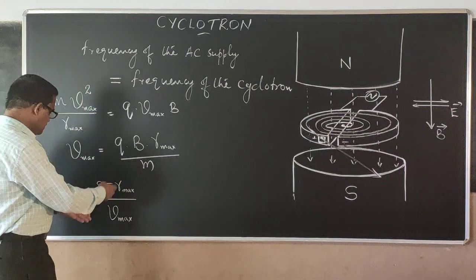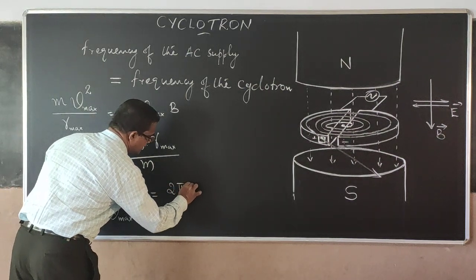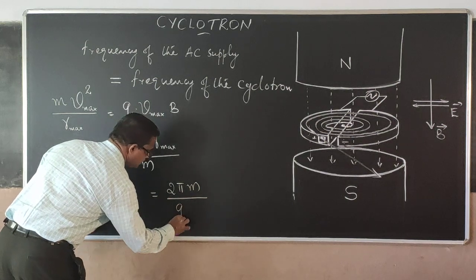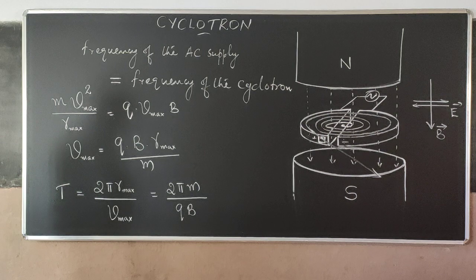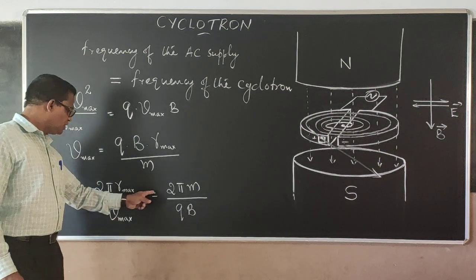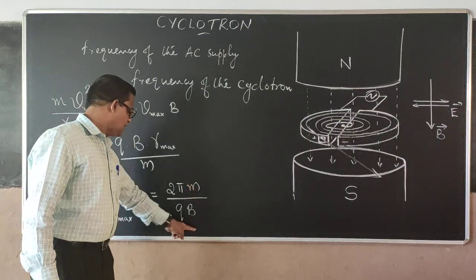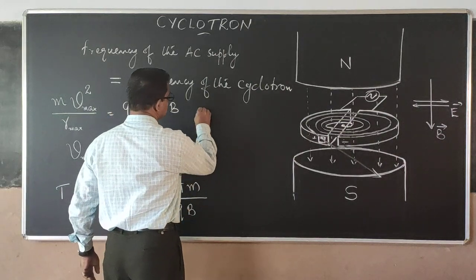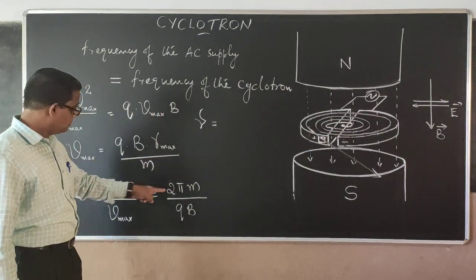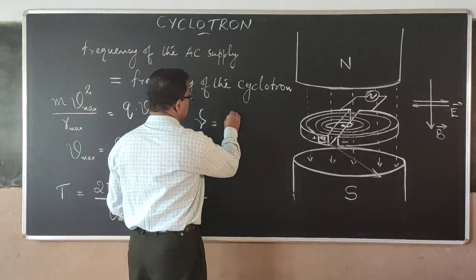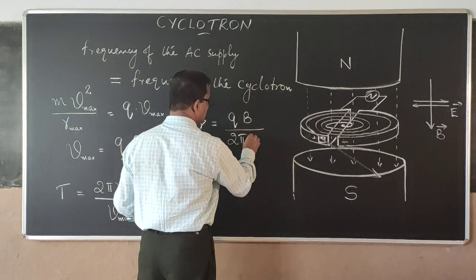So when you substitute the values over here, you can find that this is equal to 2 pi m divided by Q into B. So the time period is not depending on the radius or the velocity, it is independent of that, and therefore the frequency of the cyclotron, nu, will be equal to Q into B divided by 2 pi m.